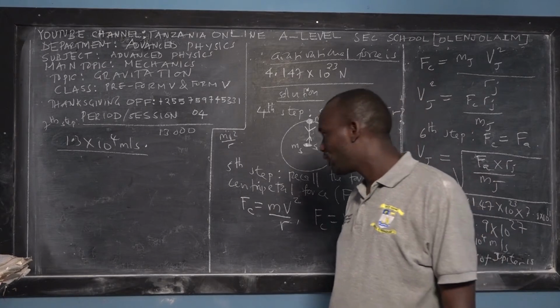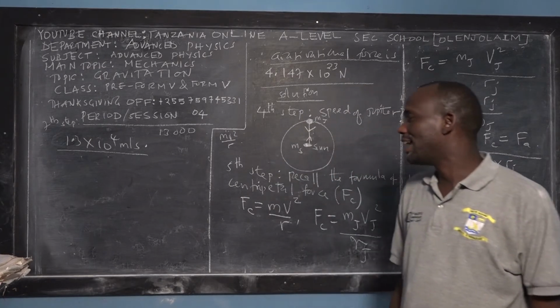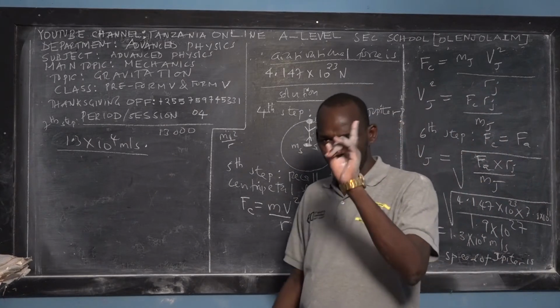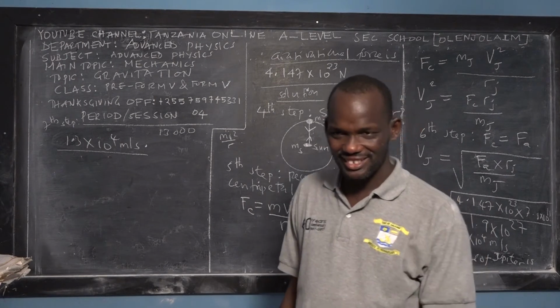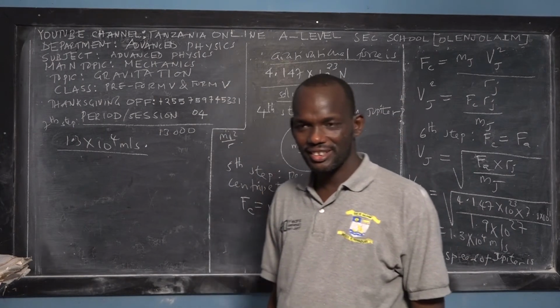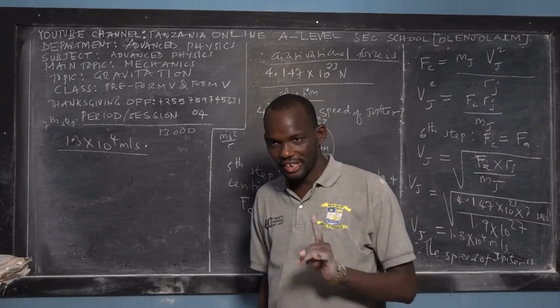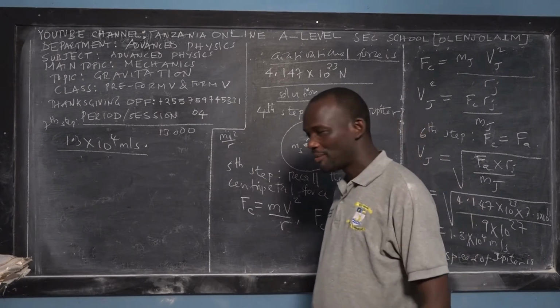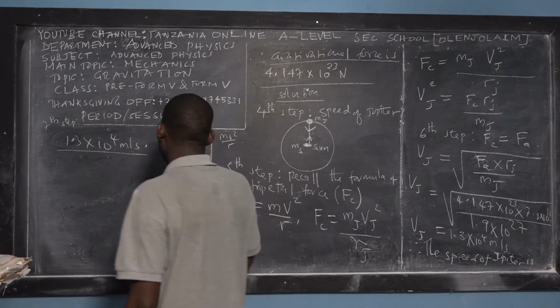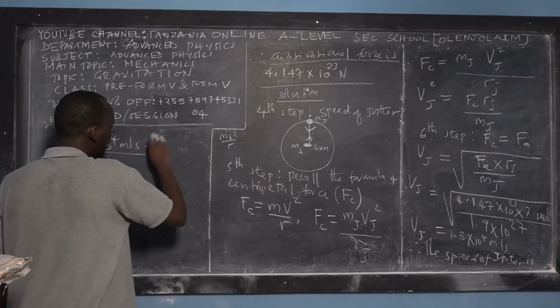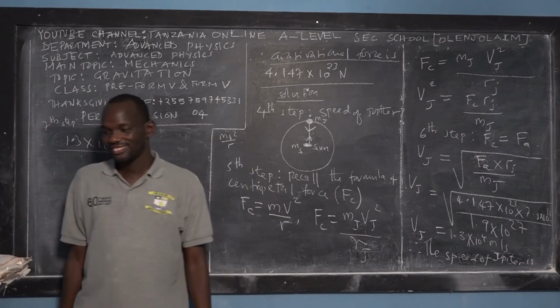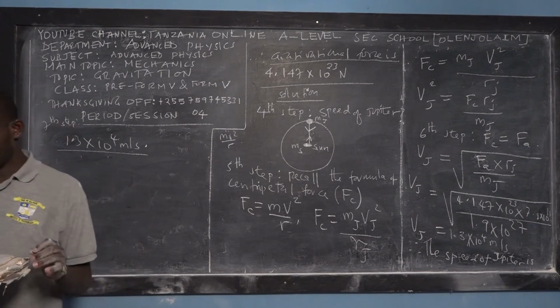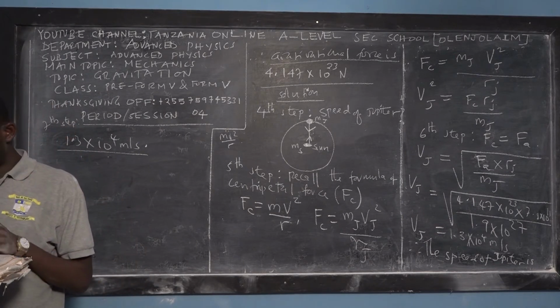So Jupiter revolves around the Sun at the speed of 13 kilometers in 1 second. Can you imagine? 13 kilometers in 1 second. How about you? How many seconds can you take to revolve around your house? Complete one period. Not complete one revolution.